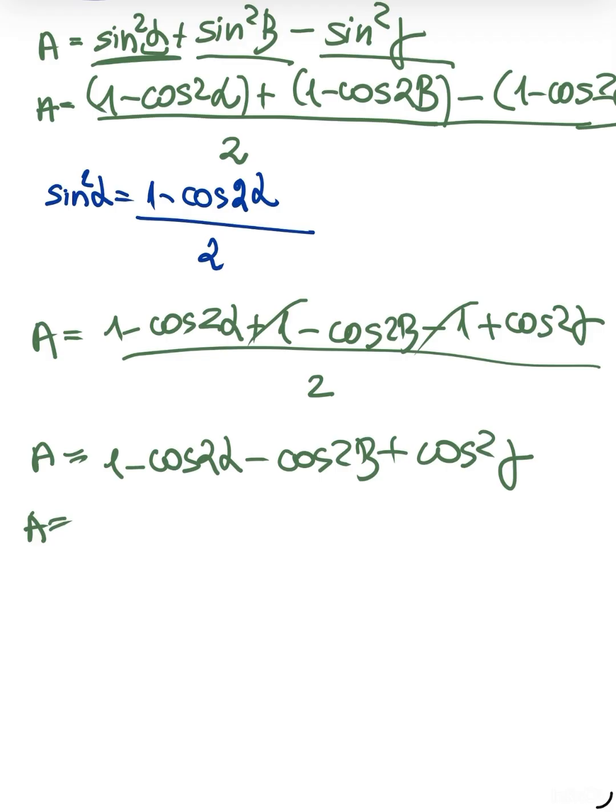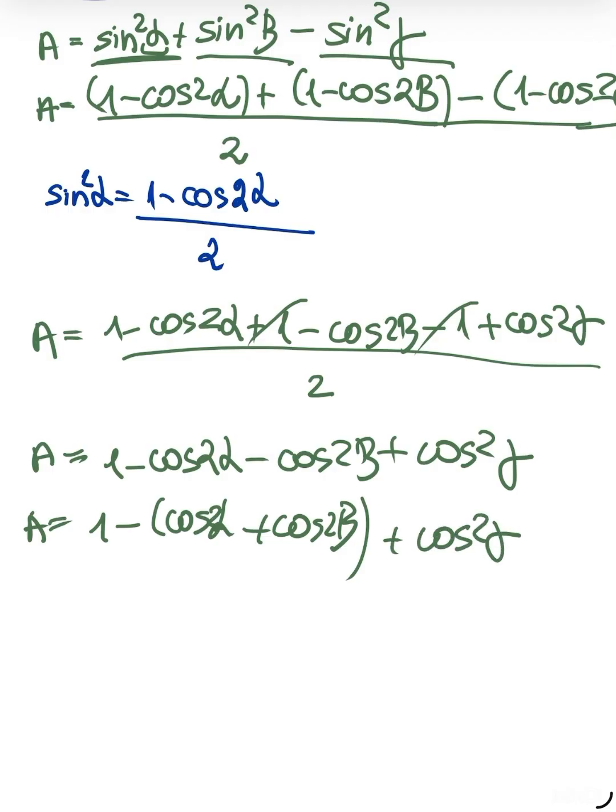What we can do is factor out a minus sign in front of brackets. So 1 minus, and inside the brackets cosine 2 alpha plus cosine 2 beta, and then plus cosine 2 gamma. And in the brackets we will obtain an identity. This is a formula for the addition of two trigonometric functions.